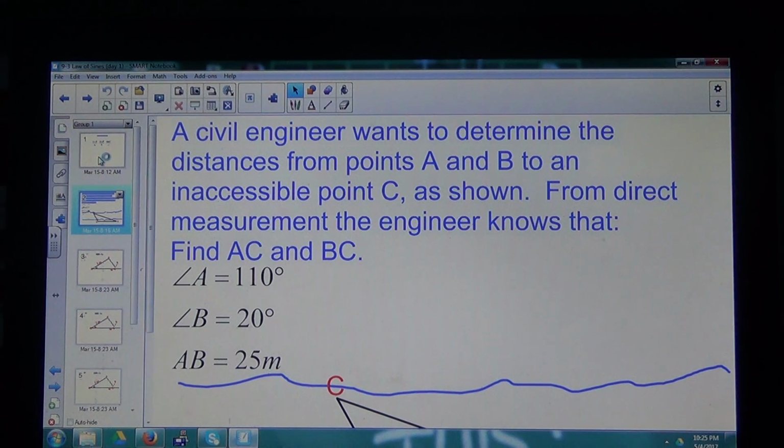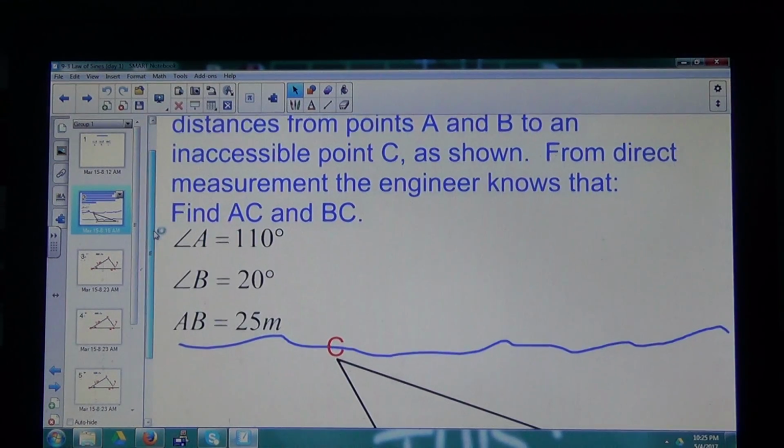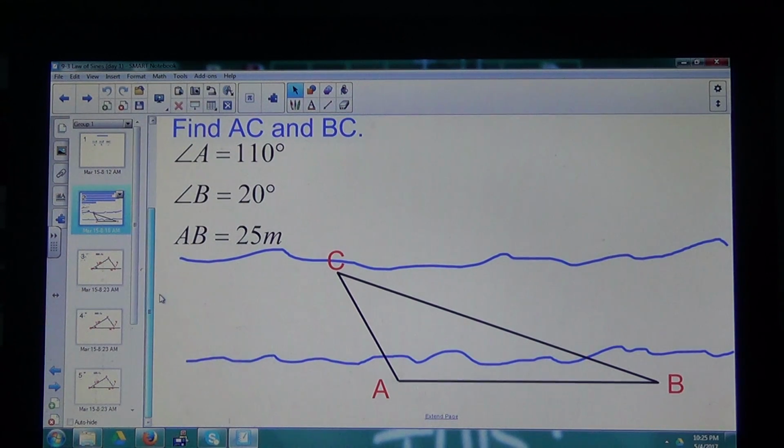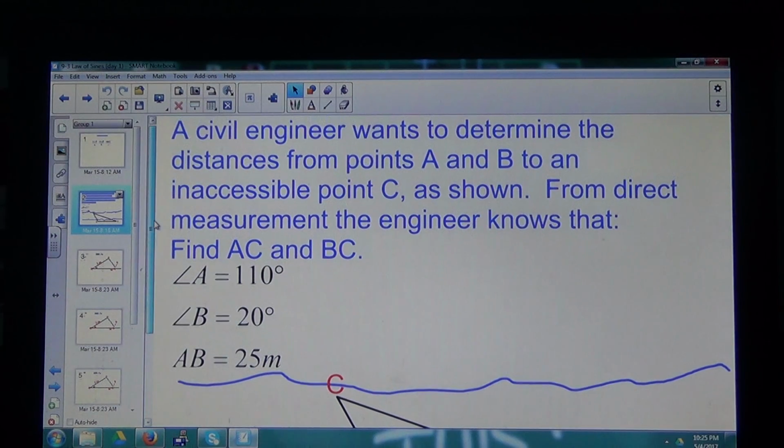All right, so what we have here says a civil engineer wants to determine the distance from points A and B to an inaccessible point, point C, as shown. From direct measurement, the engineer knows that angle A is 110 degrees, angle B is 20 degrees, and the length from A to B is 25 meters.